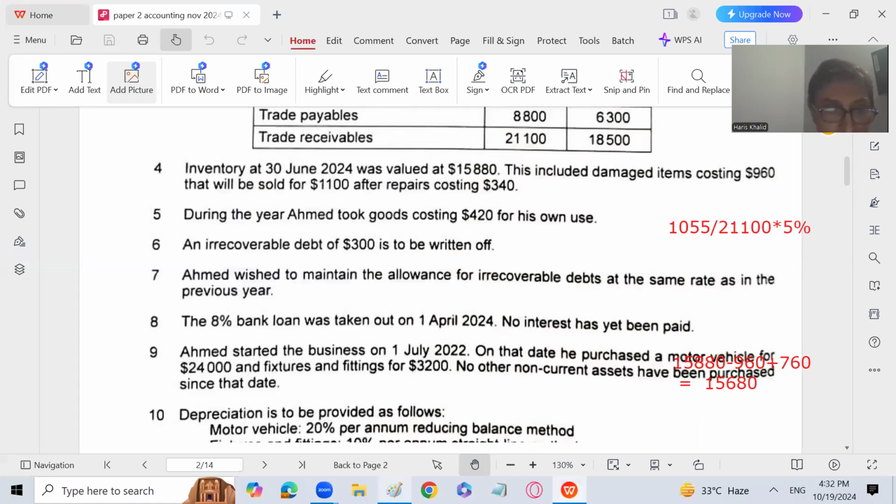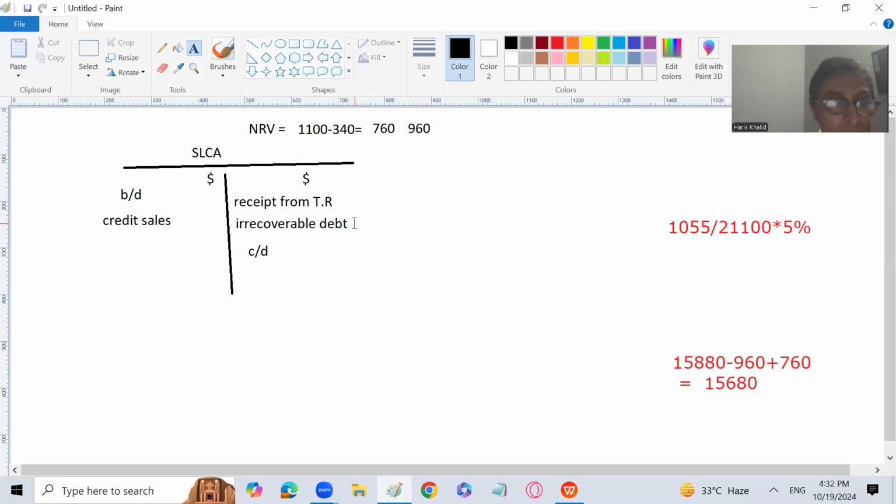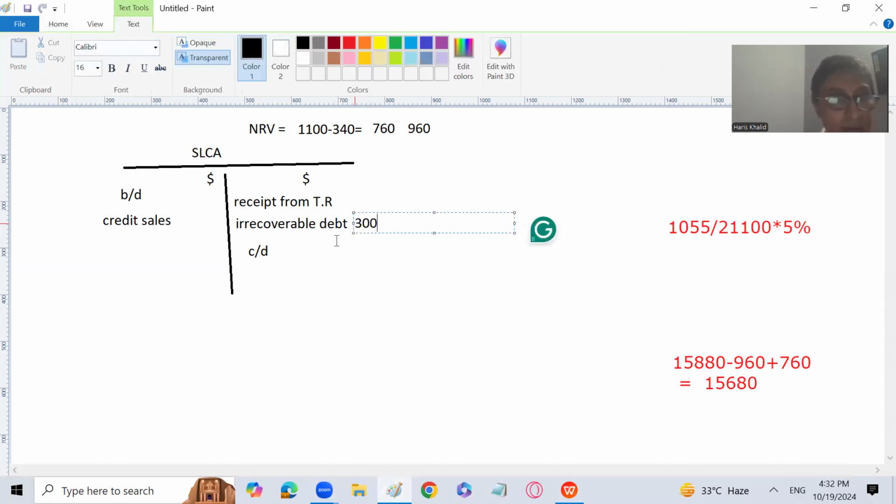So how am I going to write it down? Let's see. Irrecoverable debts are going to be 300 and the carried down of trade receivable is going to be 18,200. Sir, how come? Because in the trade receivable at the end, we haven't subtracted the 300 of irrecoverable debts.